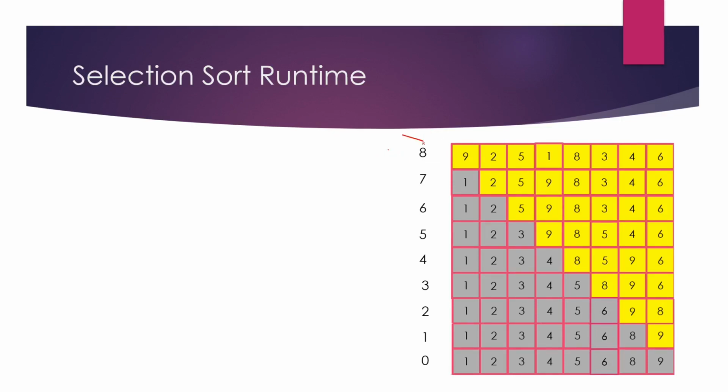Now this is a summary of what we just did. You can see at the beginning it is unsorted, until the bottom becomes sorted. When the machine performs the selection sort, it has to scan through the list in order to find the smallest number. Therefore, the runtime depends on the number of times the program has to scan through the list.